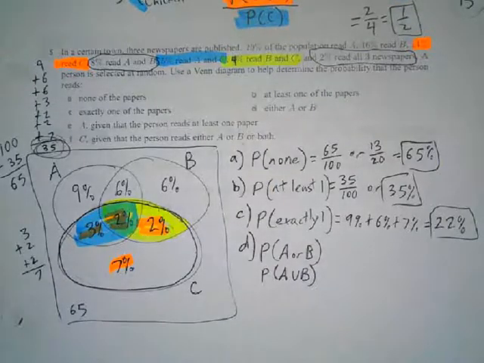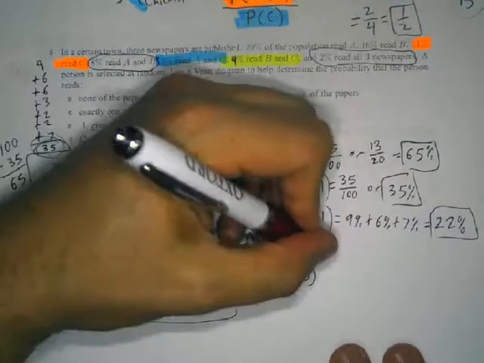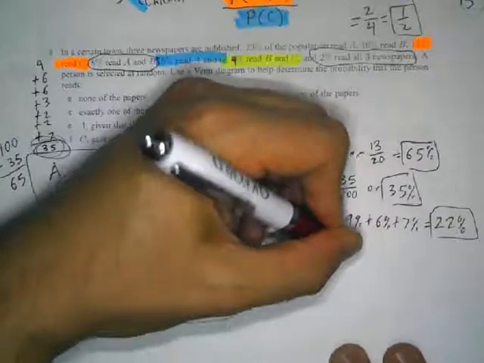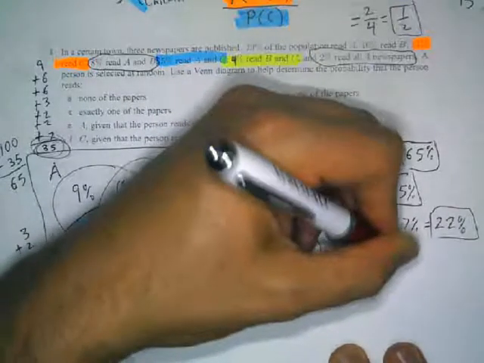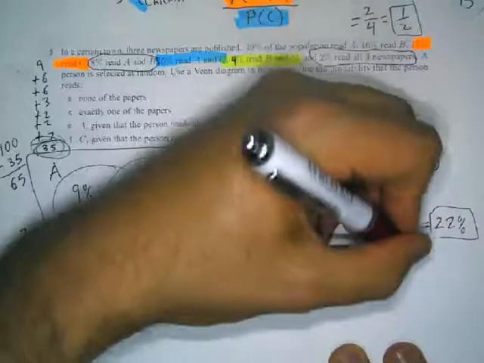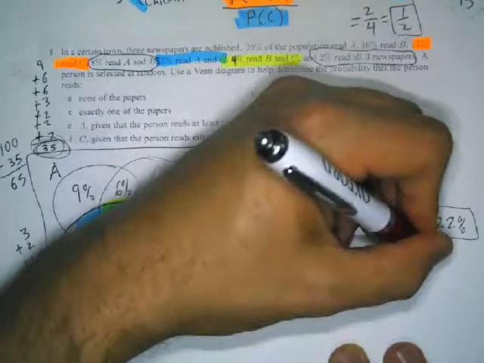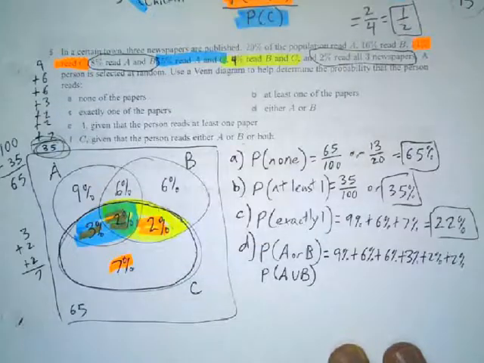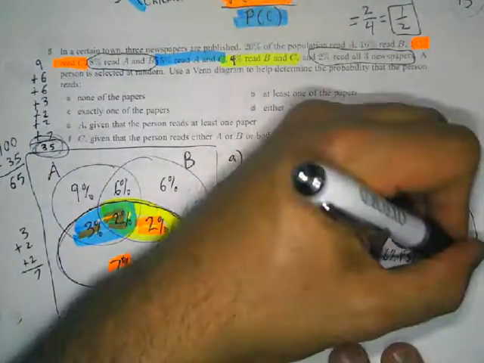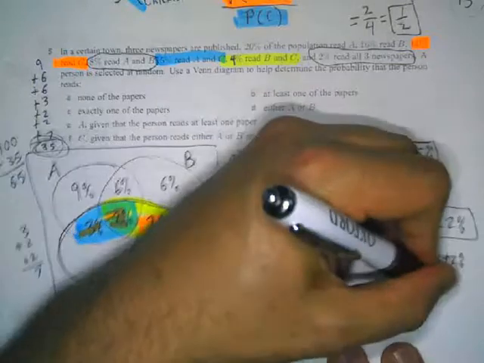Okay, so let's add them together. 9% plus 6% plus 6% plus 3% plus 2% plus 2%, and that's going to add up to 28%.